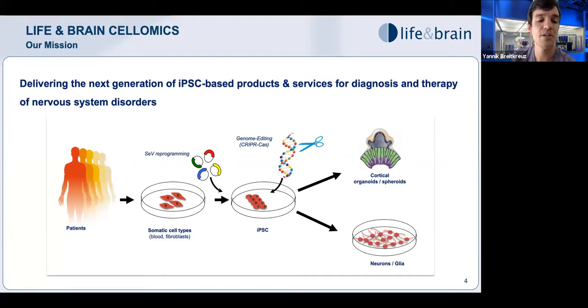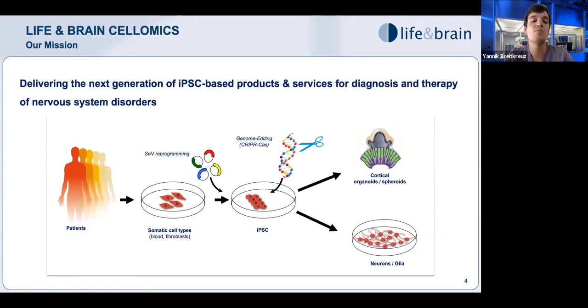Our mission within the Cellomics unit is the generation of iPS cell-based products and services for diagnostics and therapy of nervous system disorders. We get samples from different patients.